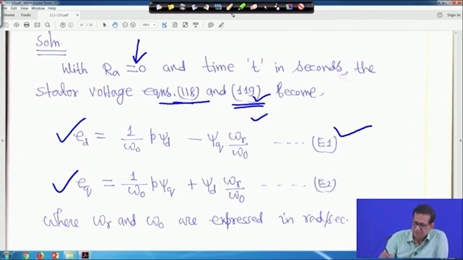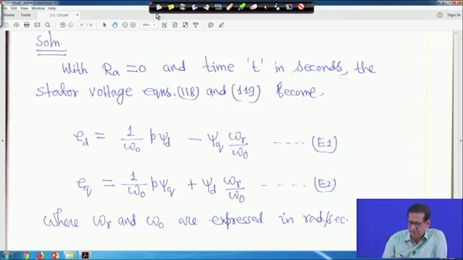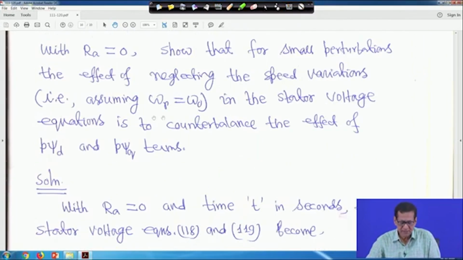Now, suppose we have made an assumption, just hold on, that omega r is equal to omega 0.